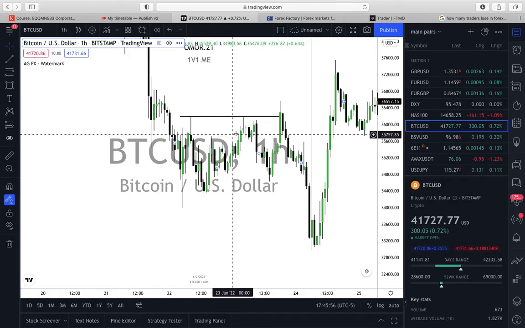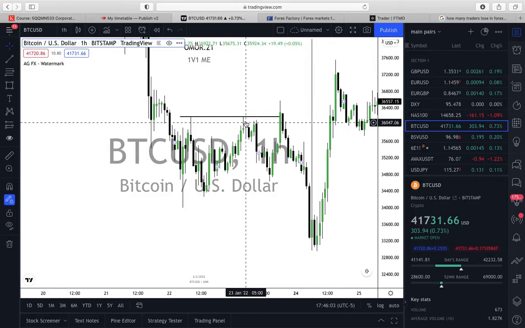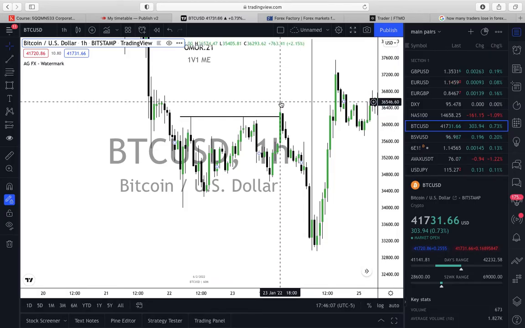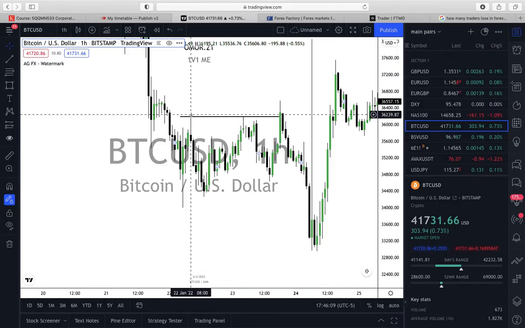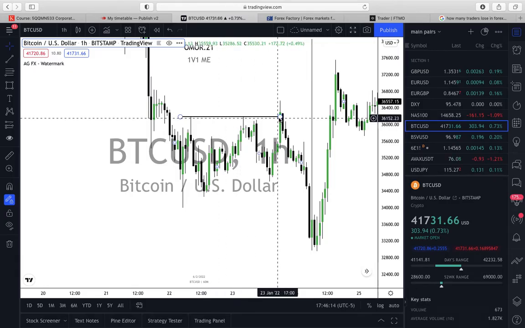This high and this high, equal. Yeah. Price comes down, it goes up, clears these equal highs. What does it do? It takes out the liquidity.